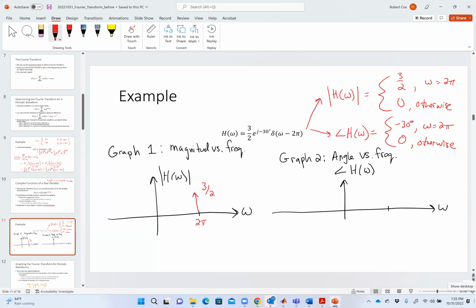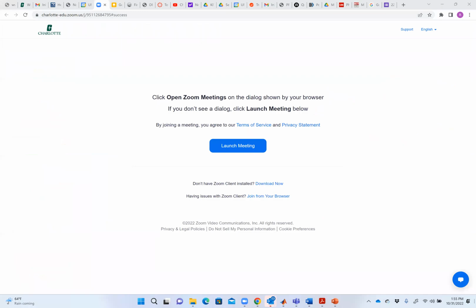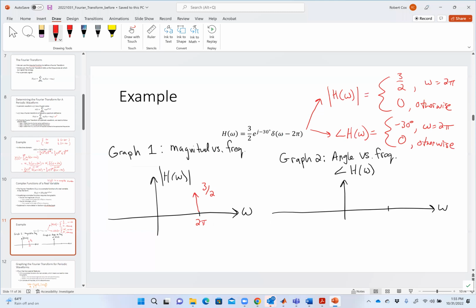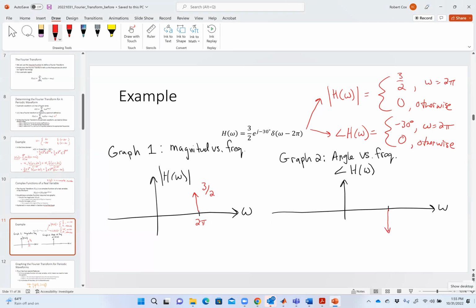So how would I graph that? This guy is negative 30 at omega equal to 2 pi. So I have two graphs that I draw, basically two graphs to express one complex number.